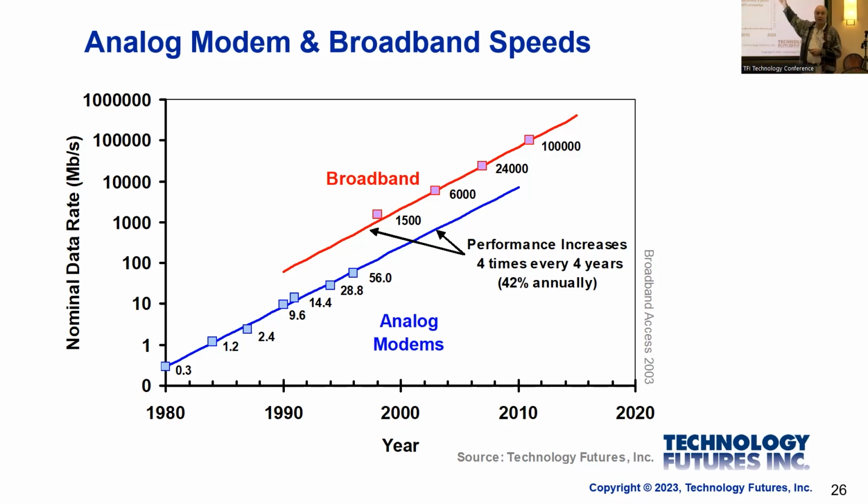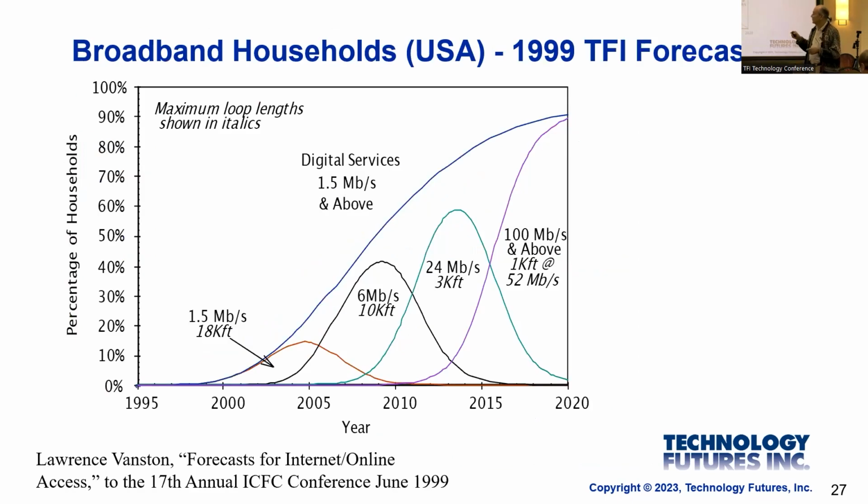By using these curves, we could predict when the various generations would start. So we were predicting back in the mid-90s that by 2010 or so, people would start wanting 100 megabits per second, so that generation would come. By using this information, we were able to come up with starting points for the S-shaped curves, and therefore we could calculate the life cycles of the various generations.